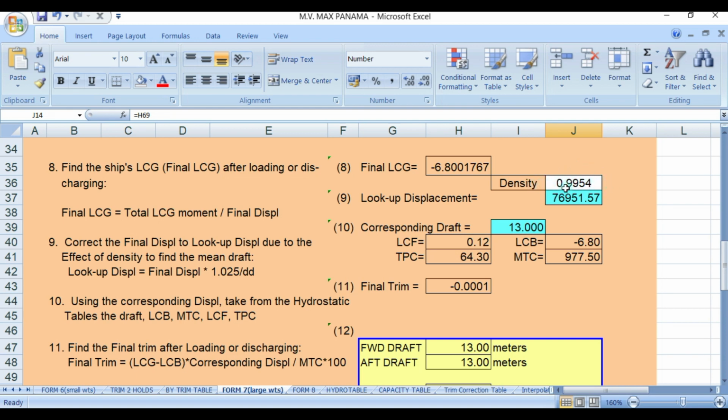Okay, now in number 9, correct the final displacement to the lookup displacement due to the effect of density, to the main graph. So look up the final displacement and multiply. The lookup displacement equals final displacement times the constant of 1.025 over your local density.